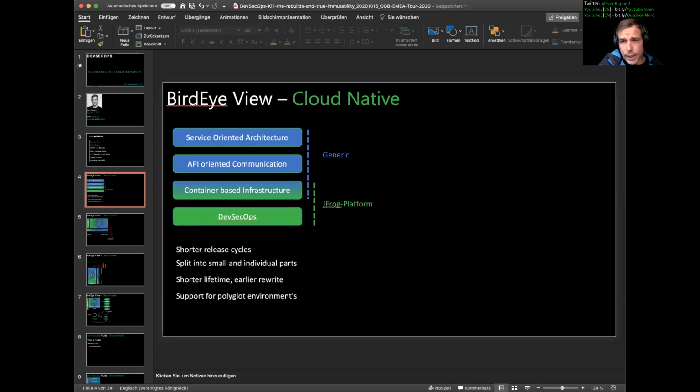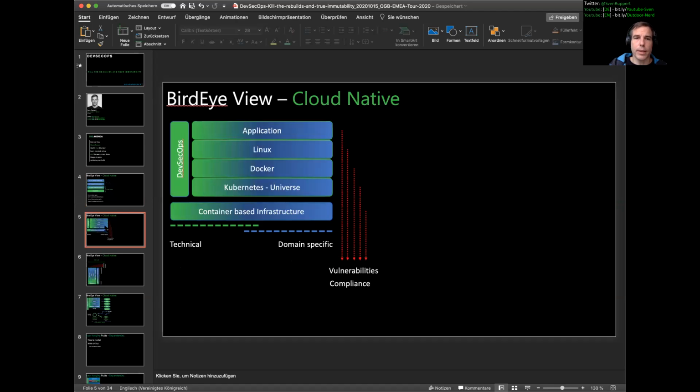Just say that this independent piece can be written in different technologies, and this means that you have a zoo of technologies, and you have to handle this one. So we are supporting more and more this polyglot environments, and polyglot environments leading to more complex build cycles quite often.